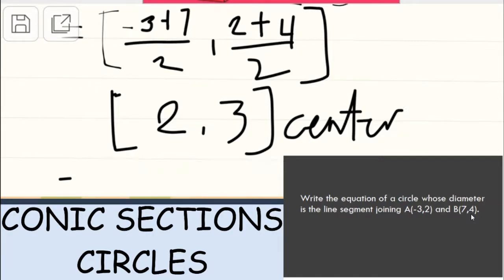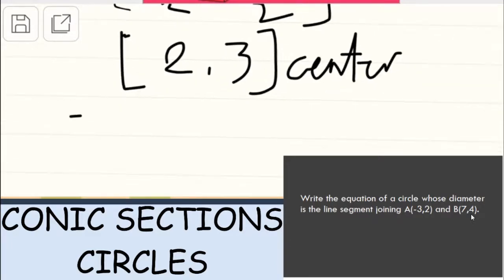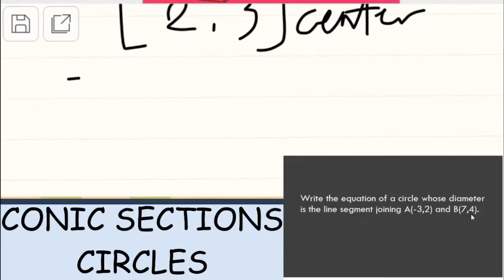Okay? So we're already done with the center. Ang kulang na lang natin is radius. So to get the radius, we're gonna use another formula, and that is the distance formula.